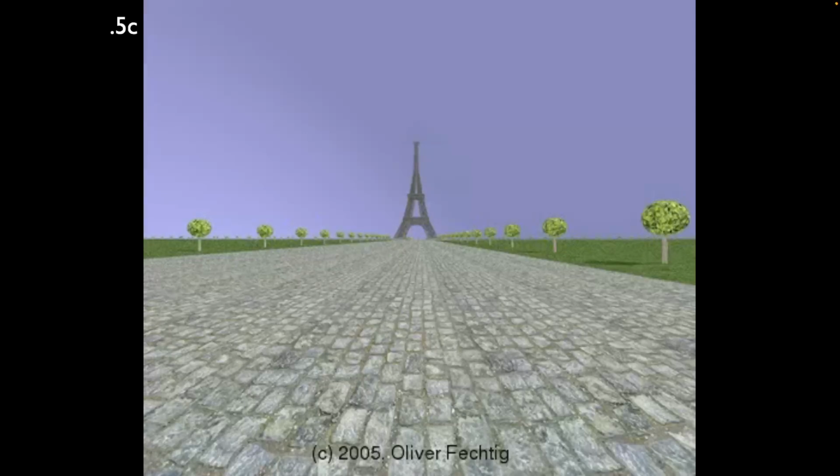Paris is always in here somehow, okay? Approaching the Eiffel Tower at half the speed of light, and then we're going to go 90% the speed of light, and then we're going to go 99% the speed of light. Now again, we have to cheat here with time. Think of this as like the world's best slow motion camera, okay?